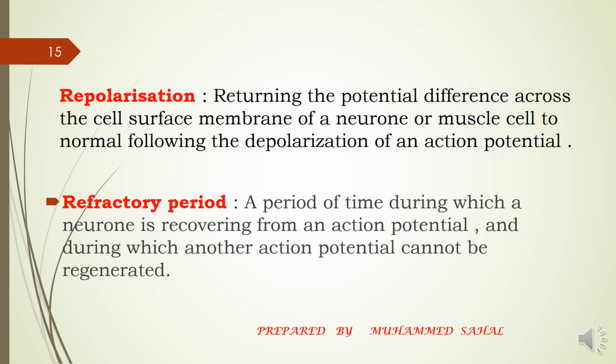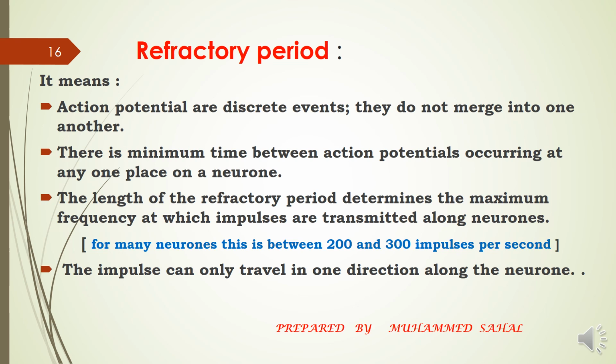Next term is the refractory period. It is important. A period of time during which a neuron is recovering from an action potential and during which another action potential cannot be generated. That means the refractory period ensures action potentials are discrete events.